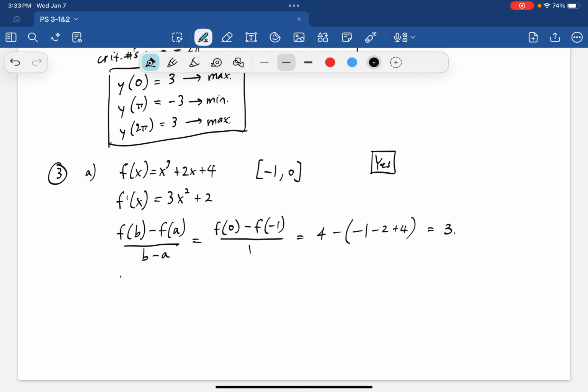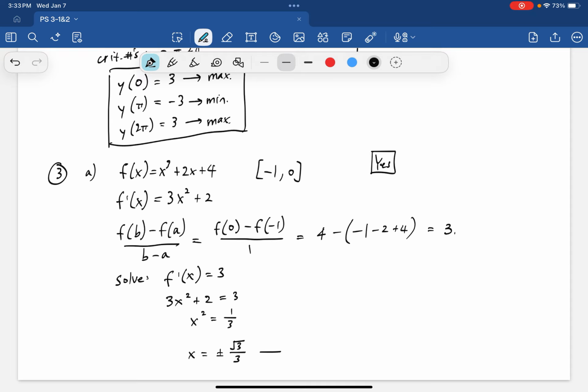Okay, so now we're trying to solve f prime of x equals 3. So that means 3x squared plus 2, right? We're looking for those values of the derivative that equal 3. So 3x squared plus 2 equals 3, which means that x squared equals 1/3, or x equals plus or minus root 3 over 3.